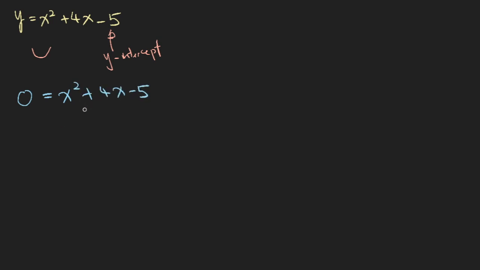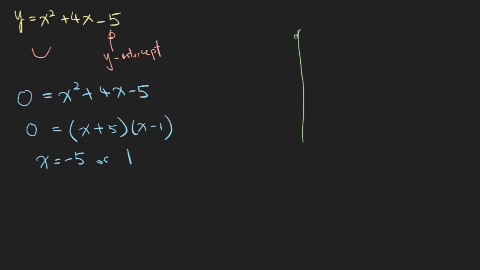Now you can factorize this, and using the cross method, you can factorize it to be x plus 5, x minus 1. And from here, x is equal to minus 5 or 1. So you have all the pieces you need. Let's plot the graph.